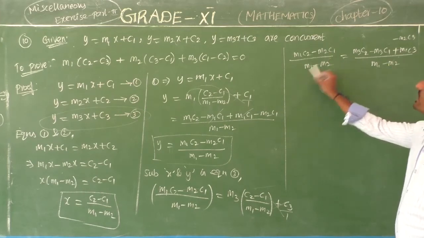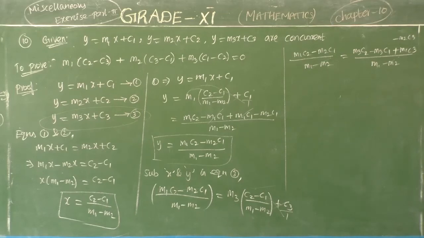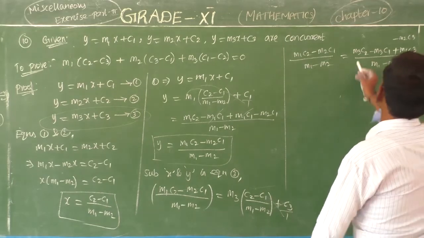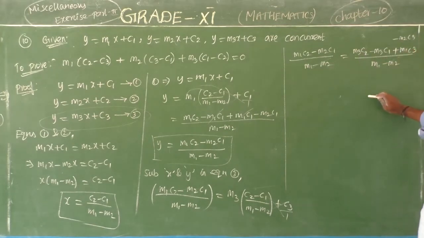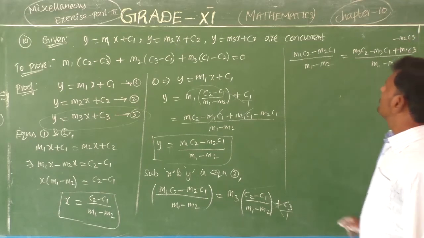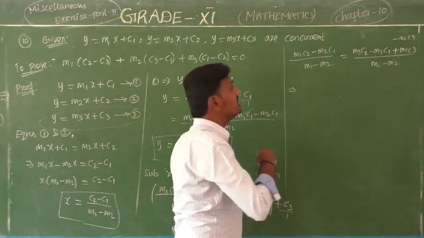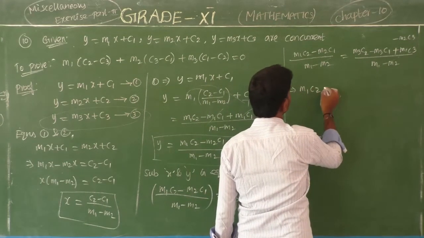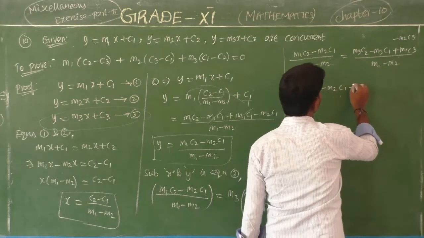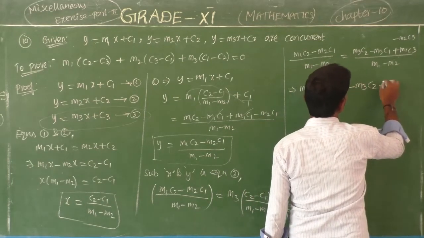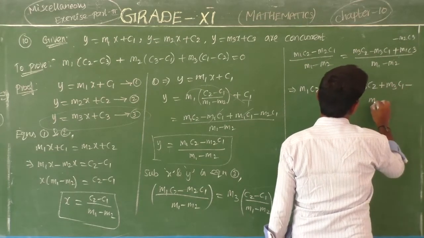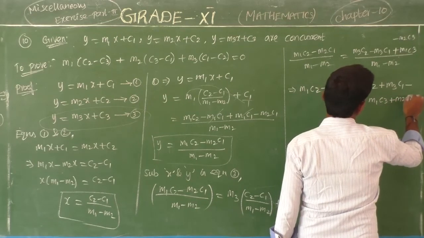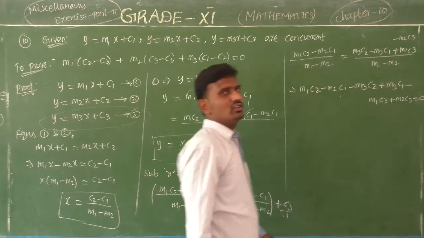Is m1 minus m2 on both sides cancelled? Now I am going to move all the terms to one side to get m1c2 minus m2c1 minus m3c2 plus m3c1 minus m1c3 plus m2c3, which is equal to 0.